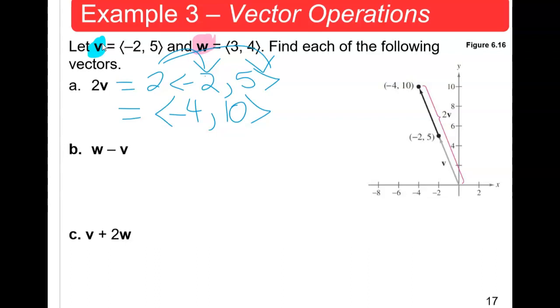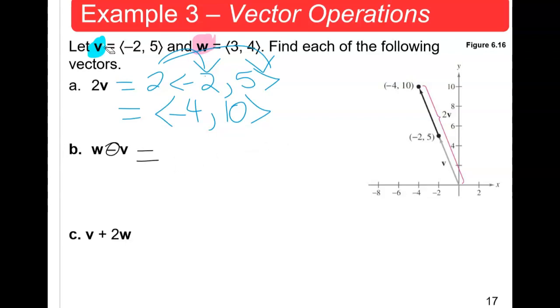Okay, so next for w minus v, we could consider the horizontal components. And since we are subtracting, I'm going to go ahead and put a minus there. Let's just do this.